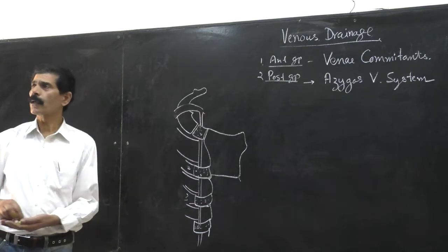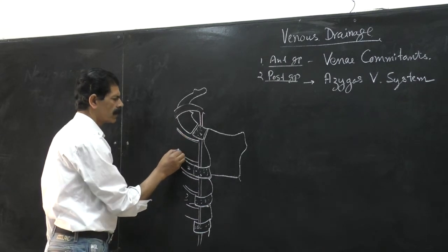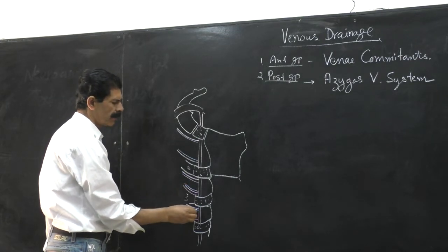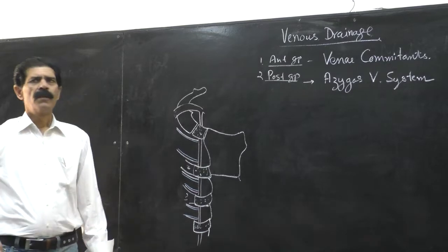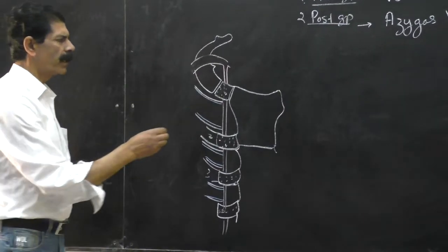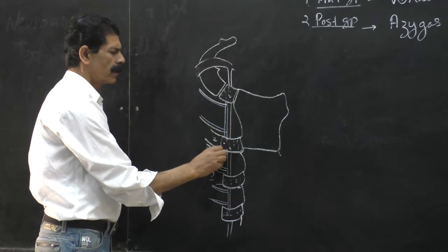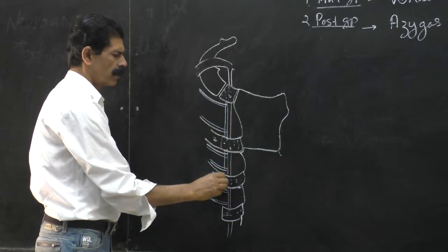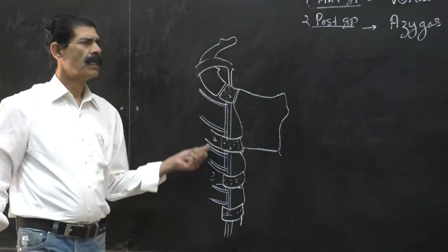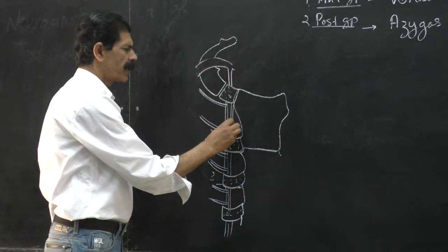So wherever the arteries are going, the veins coming from that area have the same name: anterior intercostal veins. All these anterior intercostal veins drain into a vertical vein lying parallel to the internal thoracic artery on both sides bilaterally.